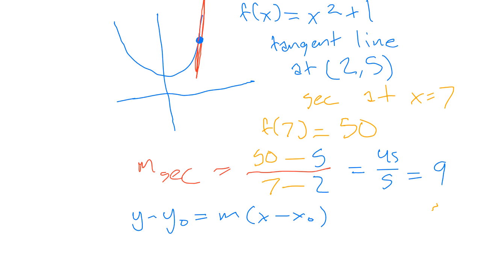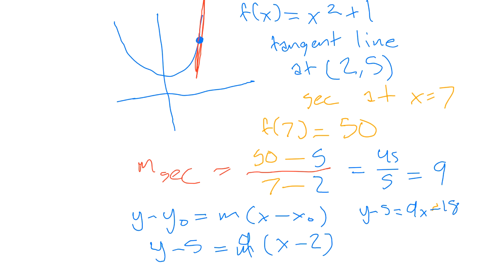So we have y minus 5 equals 9 times x minus 2. We can get y minus 5 equals 9x minus 18. And then we're left with y equals 9x minus 13 as our approximation of our tangent line.